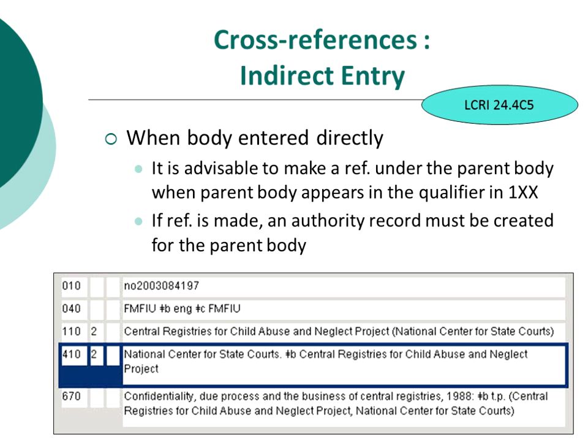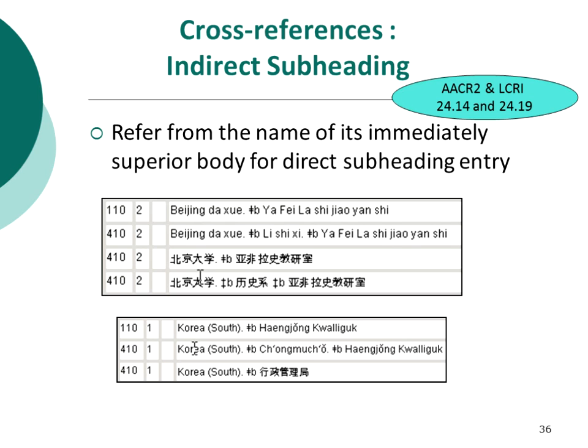In other words, you do not need to set up a heading for the parent body when it's used as a qualifier. But when you start to provide a 410 cross-reference entered under the parent body, you have to make sure that subfield A, the parent body, needs to be established. Does that make sense to you?